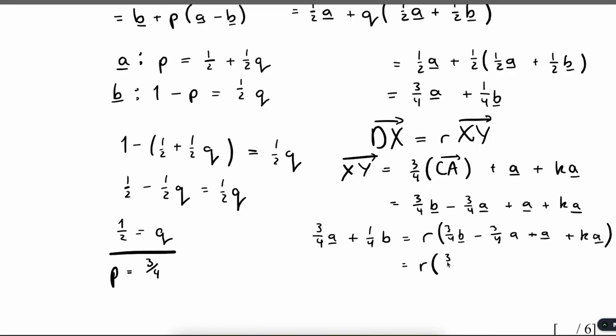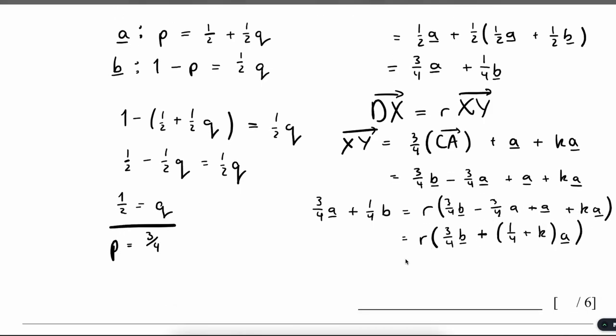R lots of 3 over 4 B, and then you've got plus 1/4 A, so that's plus 1/4 plus KA. We've just factorised the A out of this whole expression here, and that is equal to the left hand side.